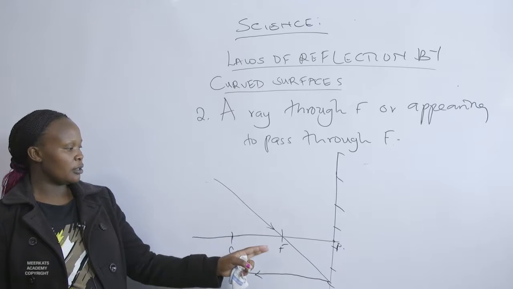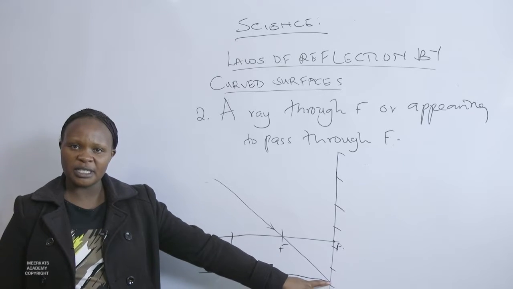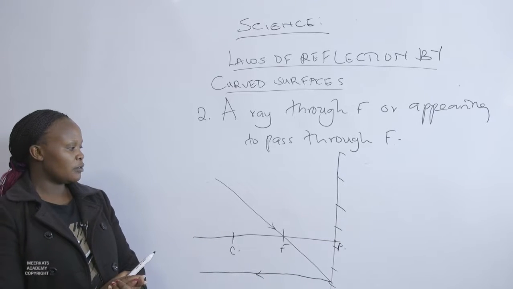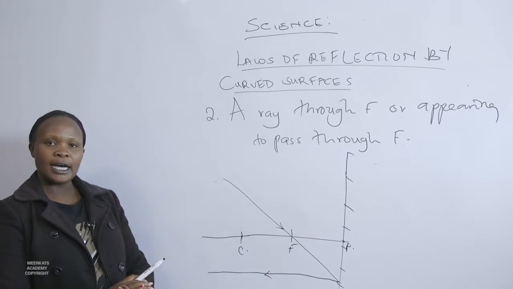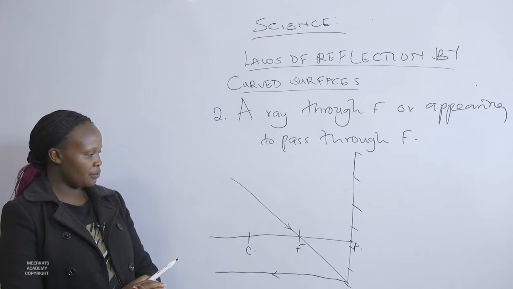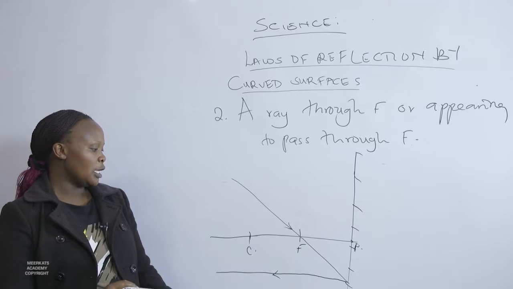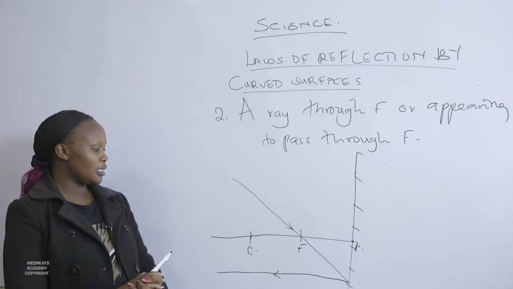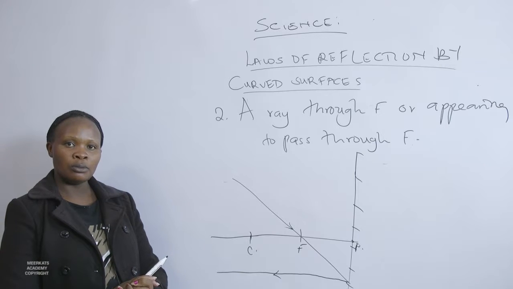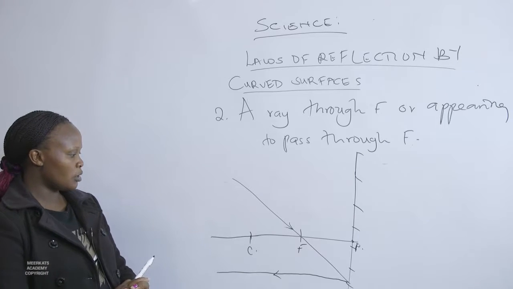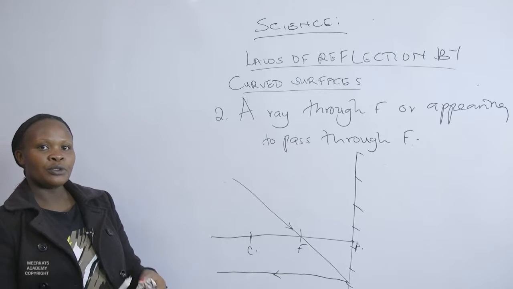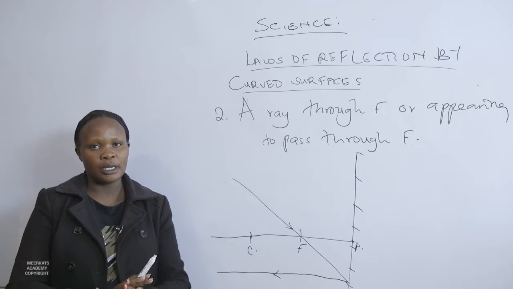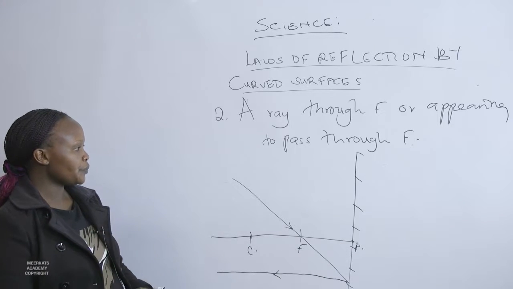The ray was incident on some point on our reflecting surface, and through F, which is our focal point, this ray is going to be reflected in such a way that it's going to be parallel to the principal axis, which again is this line that is joining the three crucial parts that we are considering.